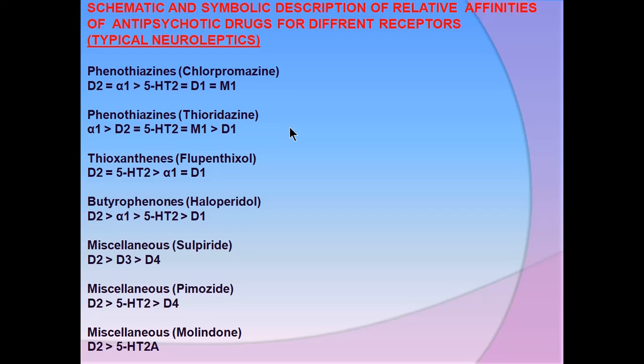Coming to the next drug, sulpiride, belonging to miscellaneous group, shows affinities in decreasing order for receptors D2, D3 and D4.